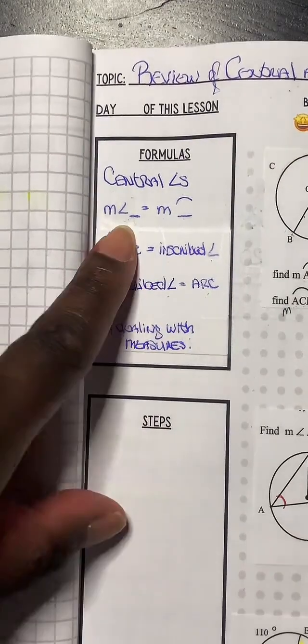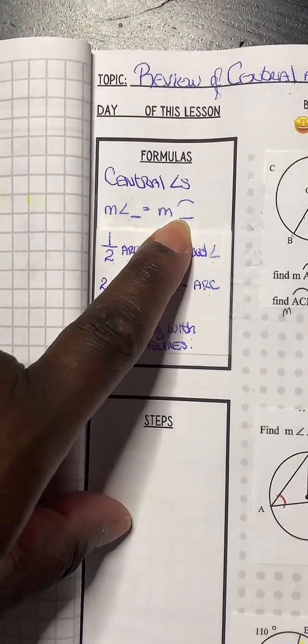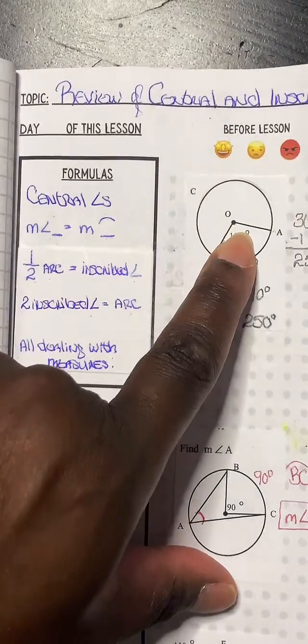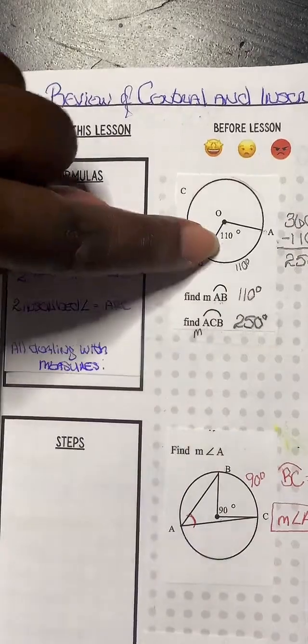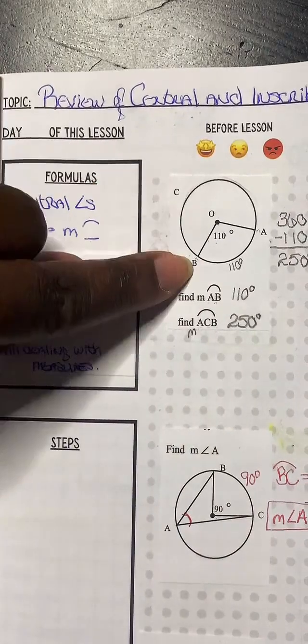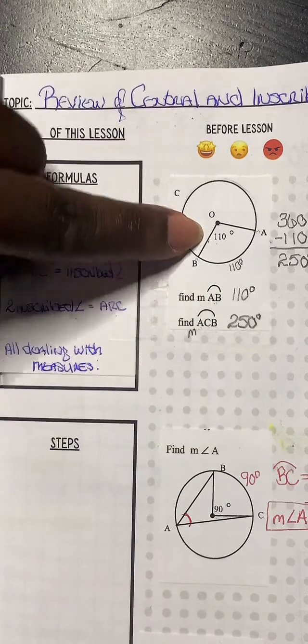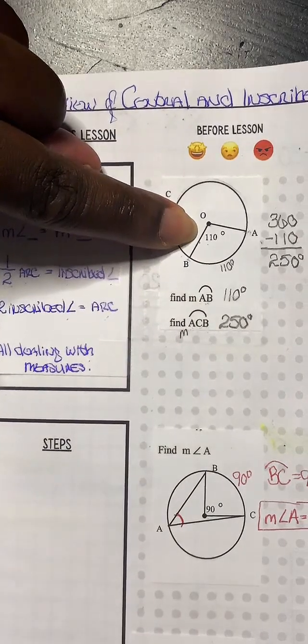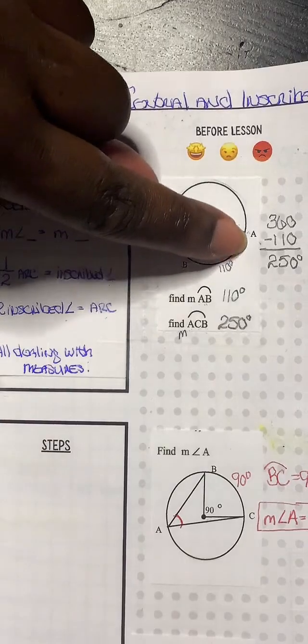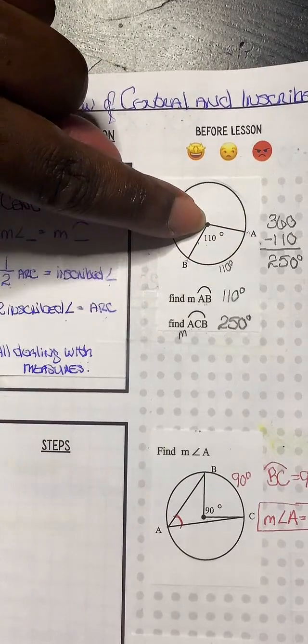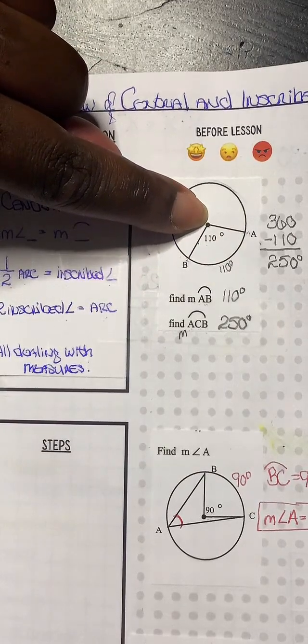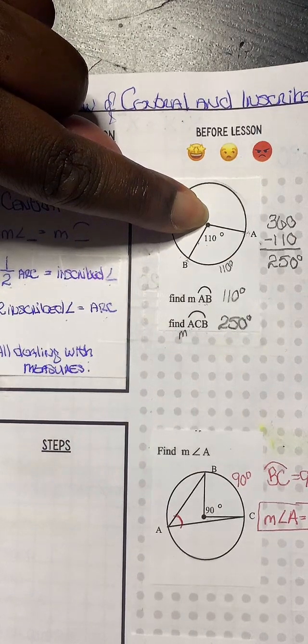So, central angles, when the vertex is on the center of the circle, the measure of that angle is exactly the measure of its arc. So this angle was 110, and its arc is going to be 110. That's only if the vertex of that angle is on the center of the circle.